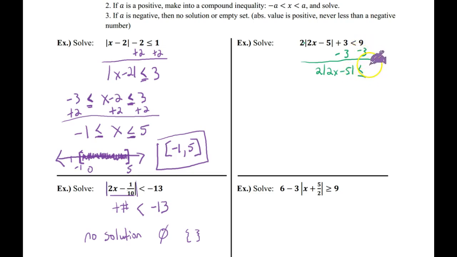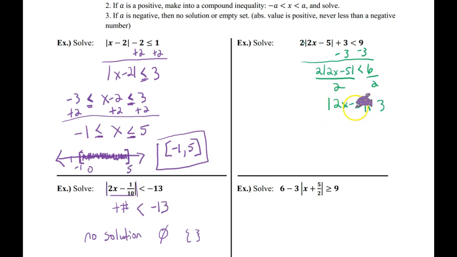I have 9 minus 3 is 6. Then I undo this multiply with divide. Whatever I do to one side, same thing to the other side. Oops, this was not equal to here. Let me erase that. Alright, so now we have the absolute value of 2x minus 5 is less than 3.